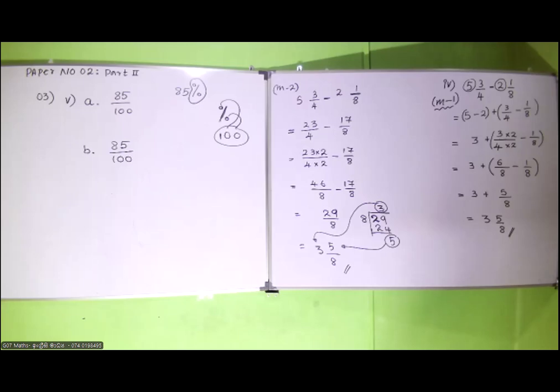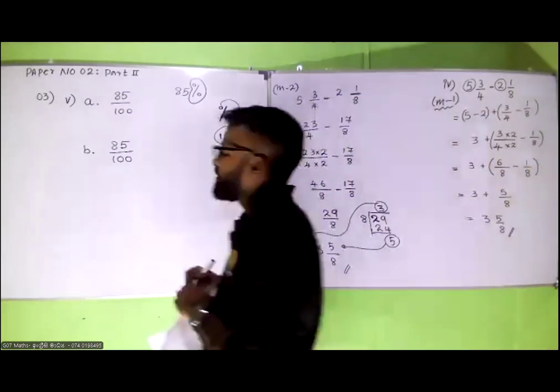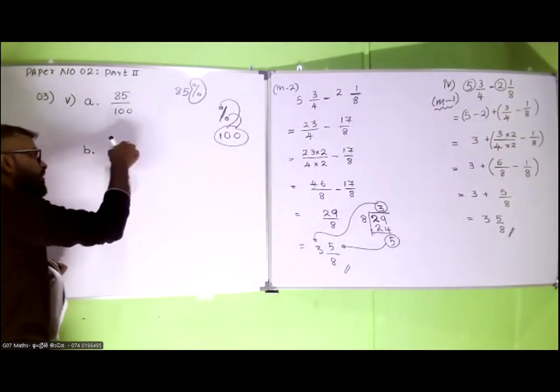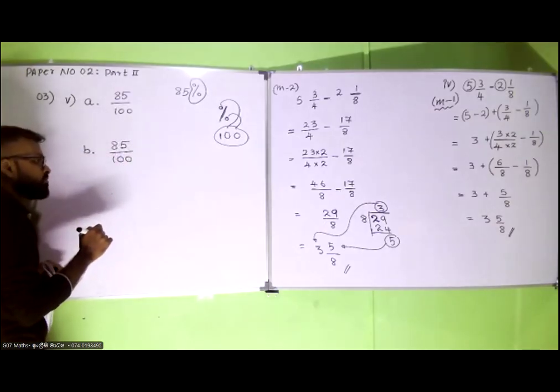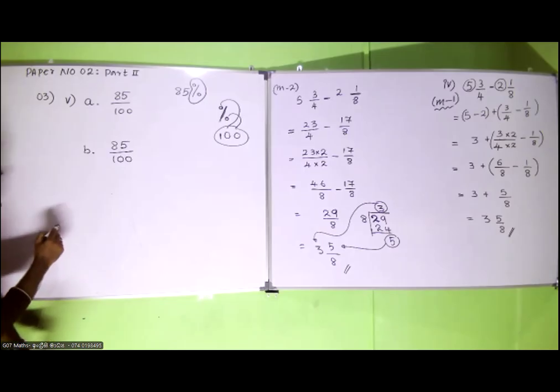Yes, done. Super. So the pattern that you need to understand here is you are going to divide a given number by 100. You are going to divide 85 by 100.